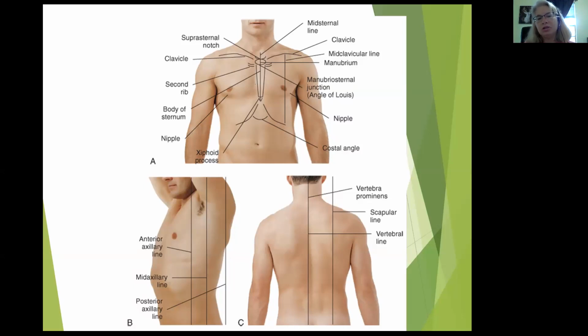And then you're going to look at the distance from side to side. And the distance from front to back should be such that you should be able to fit 2 of those in the side to side. So your AP is twice your lateral. Does that make sense? Is that a little better? Yeah, that makes more sense. Okay.